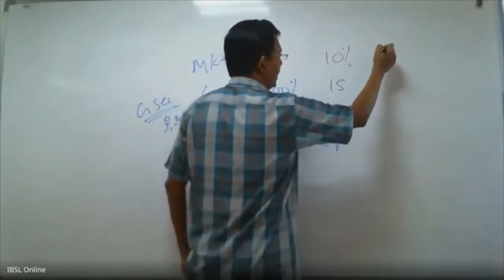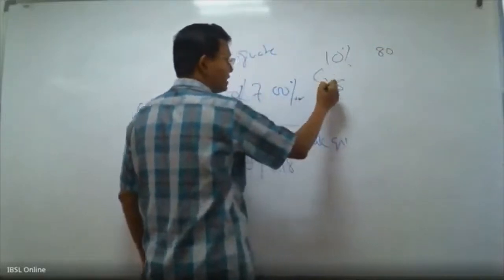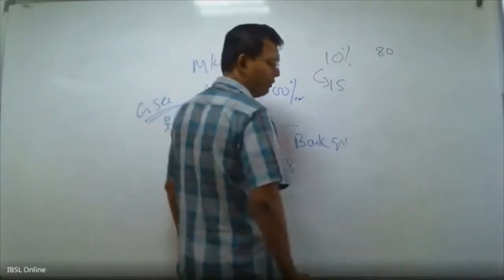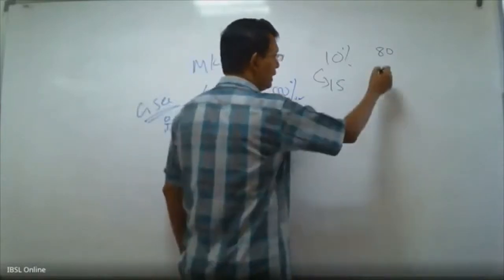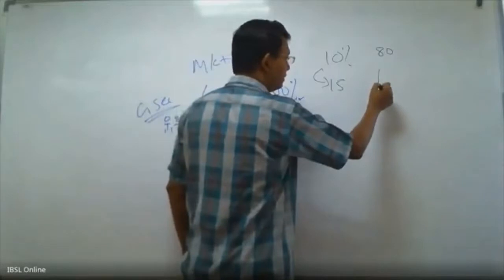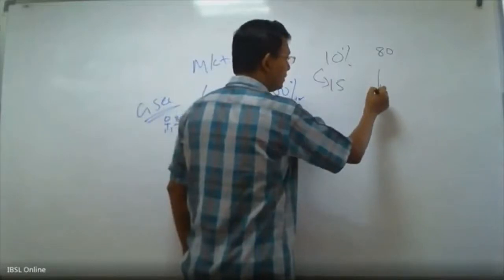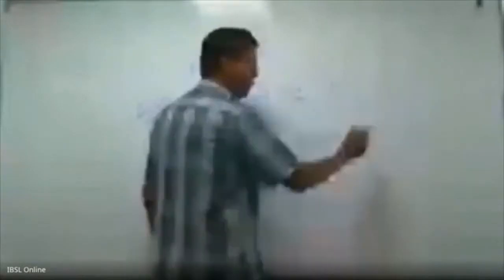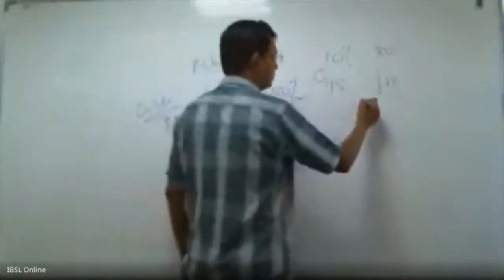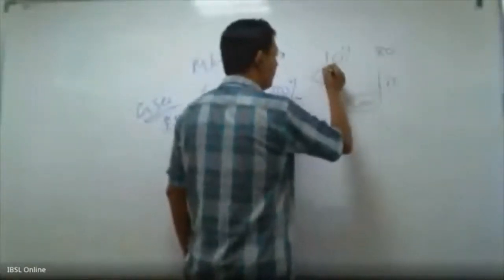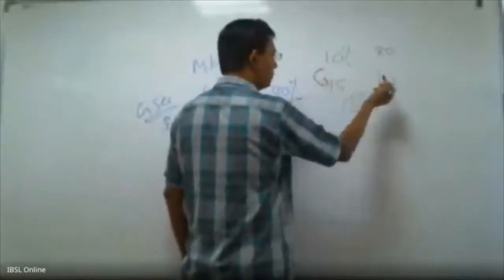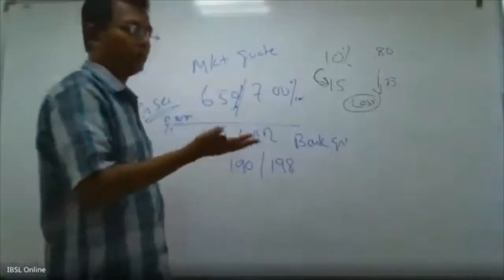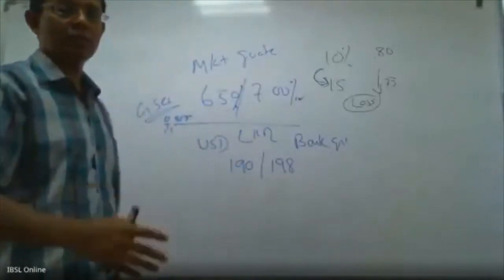Hypothetically, interest rates have gone up. Am I gaining profit or loss? Loss, a capital loss. When the interest rates have gone up, price should come down. The negative relationship.